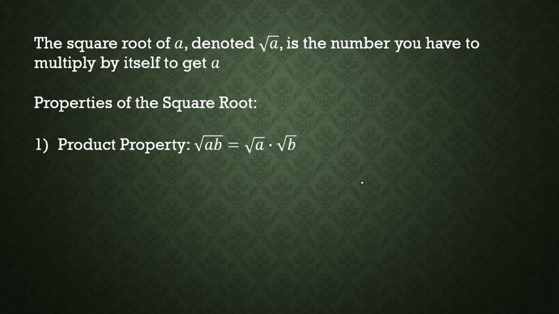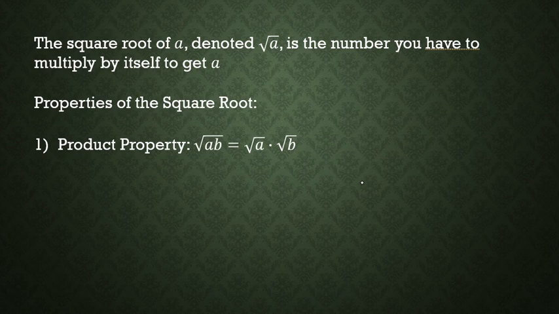For division and multiplication, we have a couple of really handy properties that do get used quite a bit. The product property for square roots, and these properties really hold true for any root whatsoever. It could be cube root or higher roots, but we're just going to focus on these in the context of the square root for now.